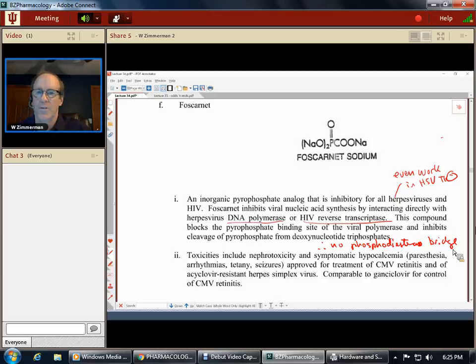I think if you know that foscarnet inhibits viral DNA polymerase, the HIV reverse transcriptase, and it doesn't require the thymidine kinase, you're doing great. It's a backup to acyclovir.